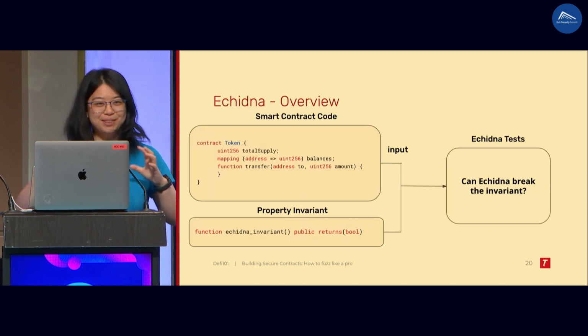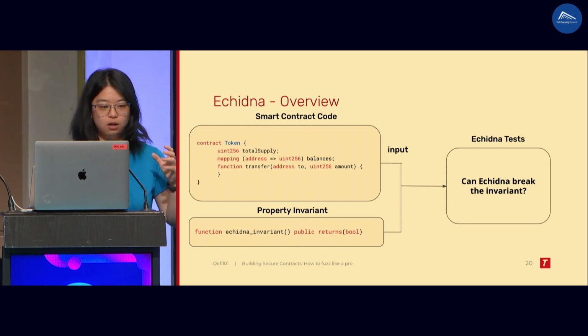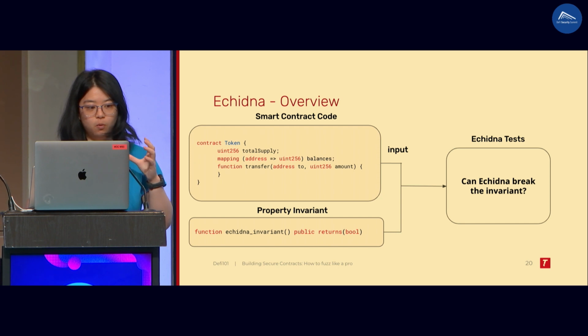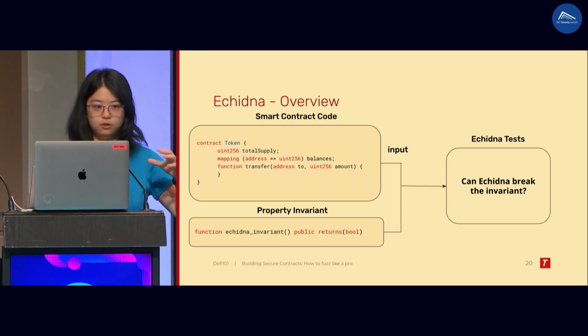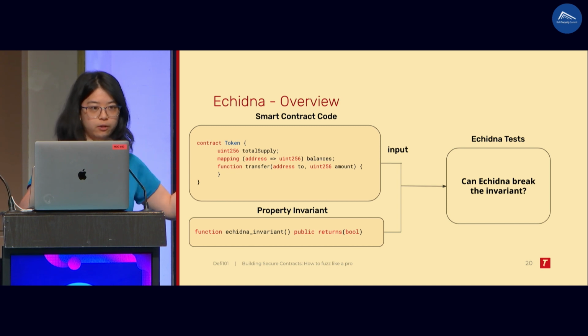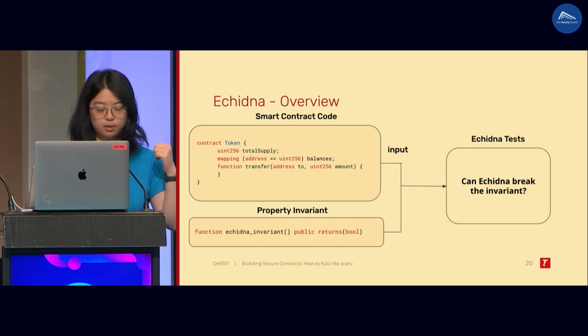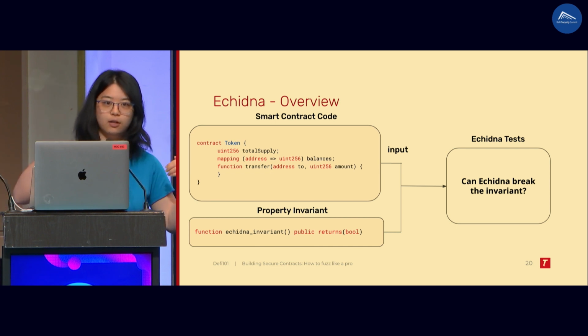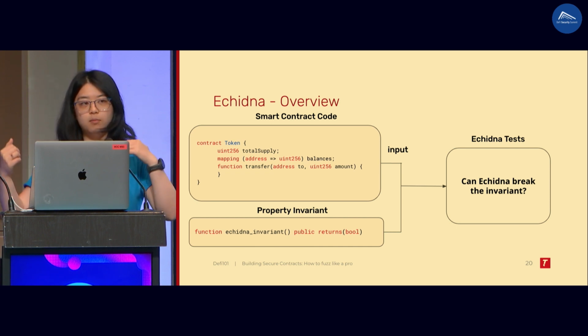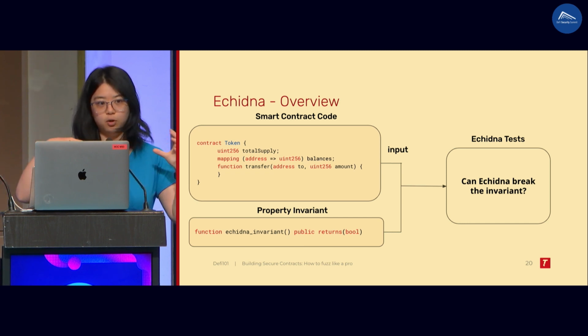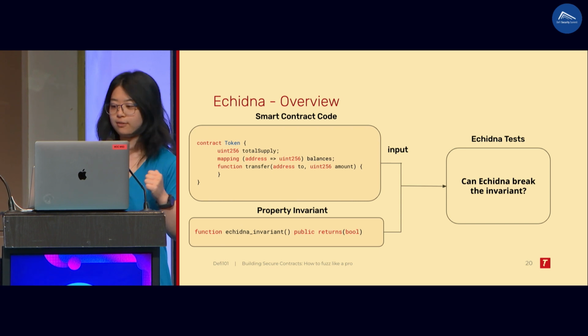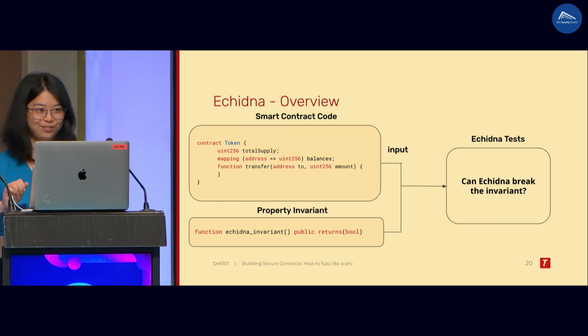So in terms of what the property actually is, we should be determining what code to put within the Echidna invariant to determine whether the total supply and the balances assumptions actually hold. If Echidna is able to break this, then it means Echidna has found a set of inputs that breaks those invariants. So pass it to Josselin for exercises.